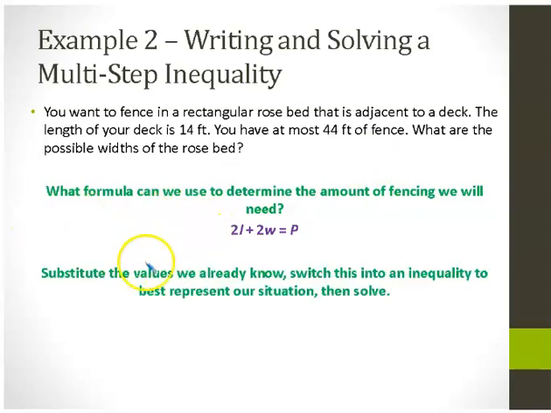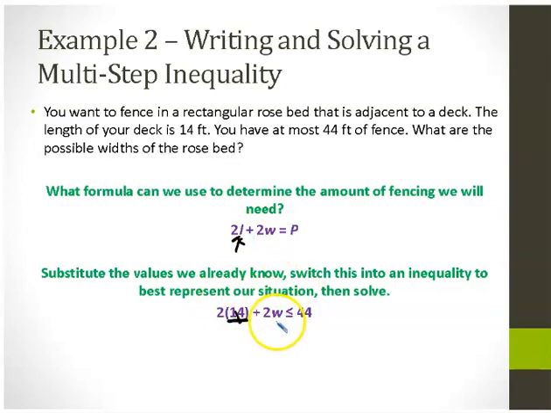But I can substitute values in, and I can use this formula and modify it a little bit to make it an inequality. So watch how I do this. I'm going to substitute in the length of the rose bed, which is along the deck, 14 feet. So 14 feet goes in for the length, which I've done here.